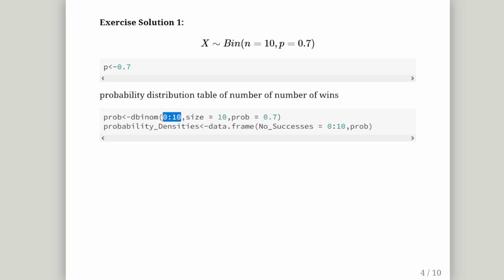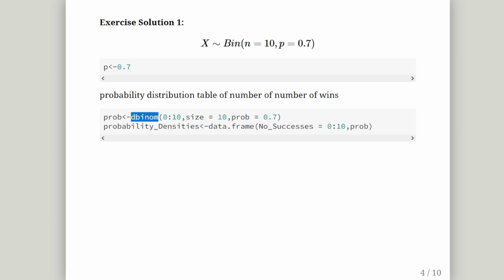So what I have here, if you just type that segment of code in, what that does is return a sequence of integers between 0 and 10. And a sequence of integers can be supplied as an argument to a command like this: dbinom. This is a probability mass function.